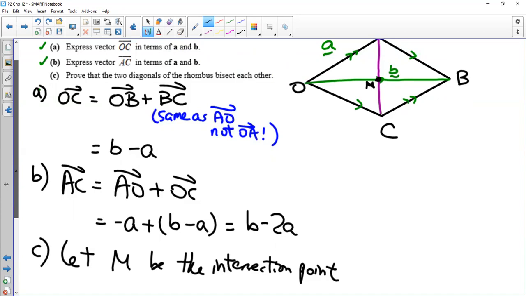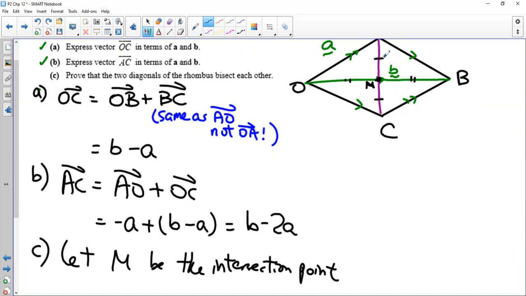Bisect means they cut into half, cut each other into half. Okay, like siblings, you bisect. No, actually, that's not that. Bisecting means you cut each other in half. So it means OM and MB will be equal in length. And if they do bisect each other, that means CM will be same as MA.